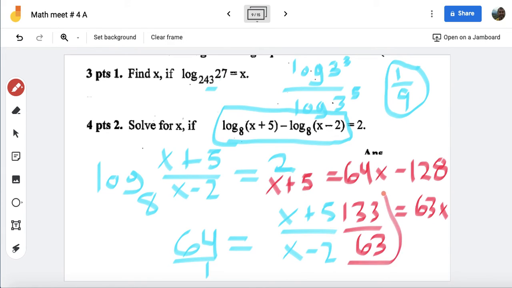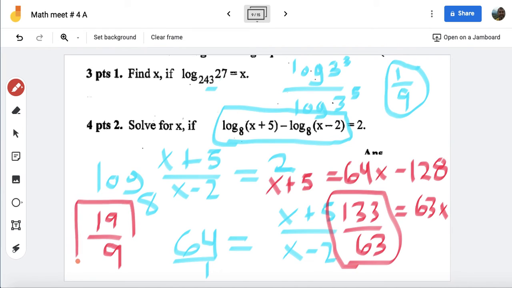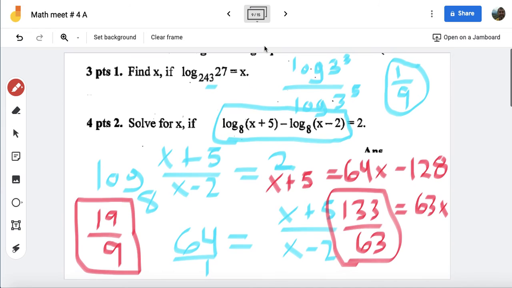I was going to say this is the answer, but you can divide these both by 7. 7 goes into 133 19 times, and 7 goes into 63 9 times. So there's the final answer, because if you put 133 over 63, you wouldn't get credit. You got to have it reduced.